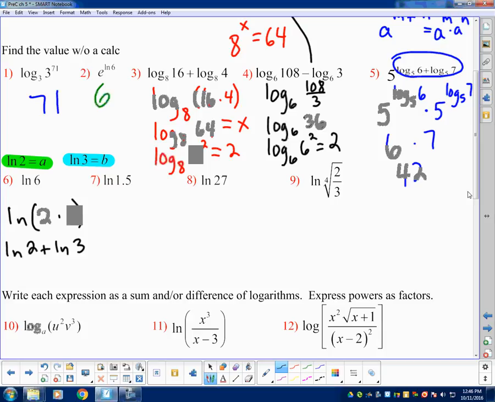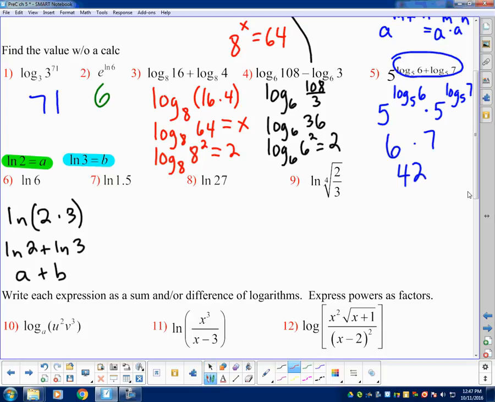And if I know the values of ln of 2, I just put in a and b. If you type in your calculator ln of 2, you get a decimal approximation to what that's equal to. ln of 3 is something different. But if I replace ln of 2 with a and ln of 3 with b, I get the expression a plus b. So if you know what ln of 2 is, you know what ln of 3 is, you could then find the value of that.